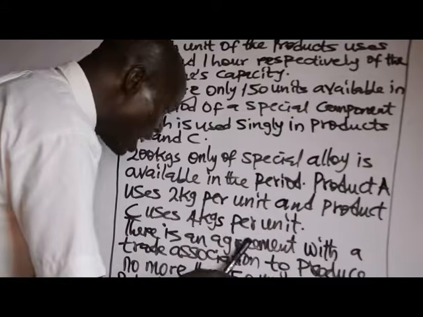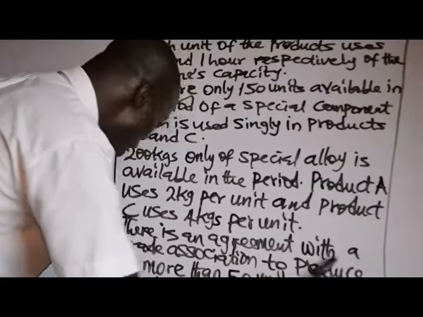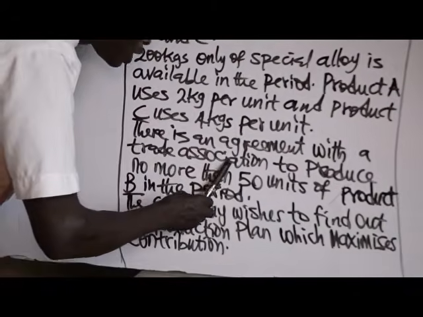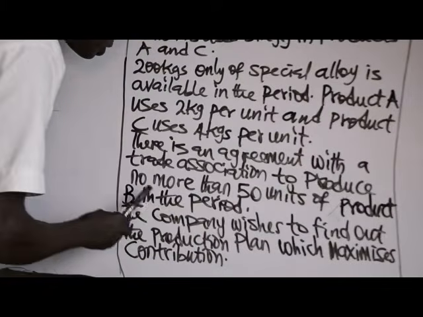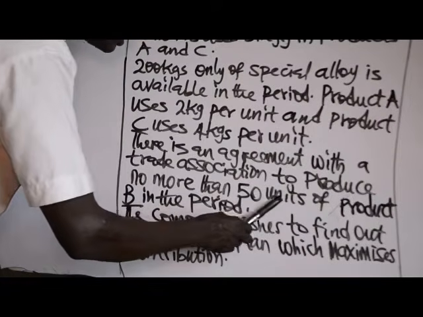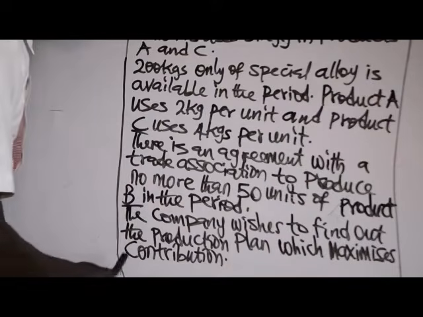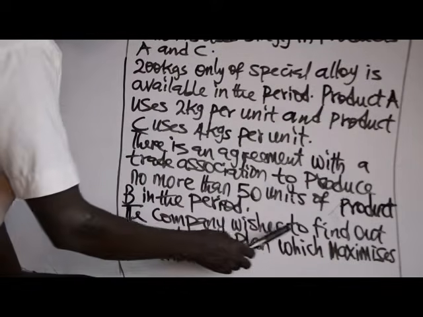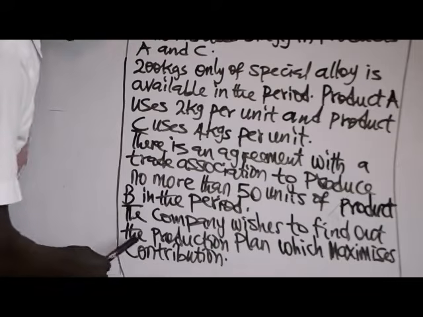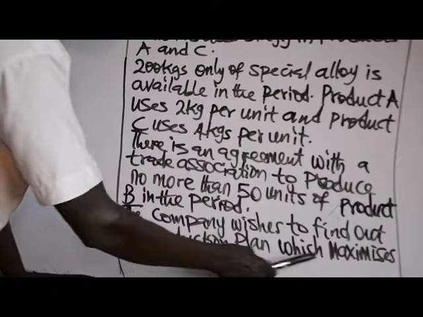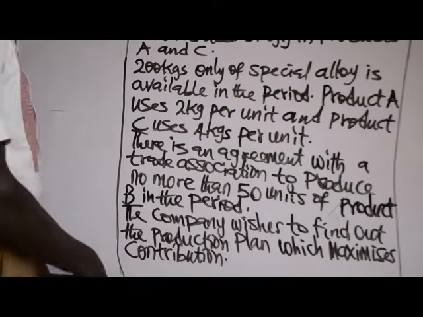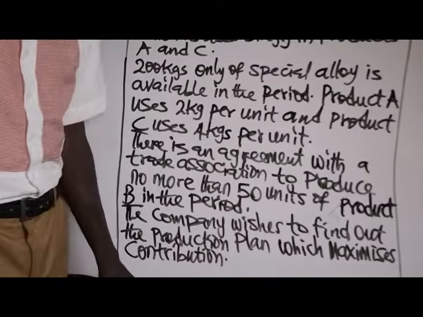There is an agreement with a trade association to produce no more than 50 units of product B in the next period. The company wishes to find out the production plan which maximizes contribution. That is the question. Now, let's have the solution.